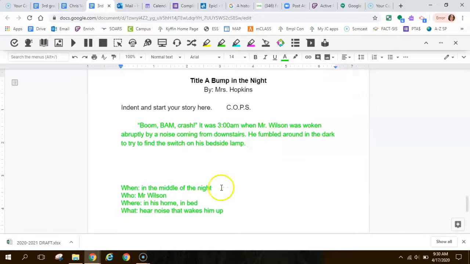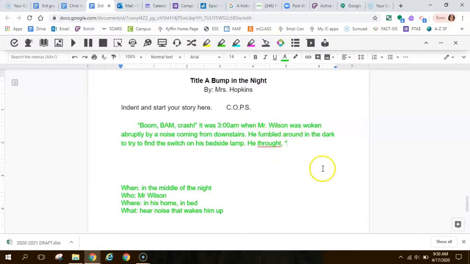So here we go. Next sentence. So now I want to do a thought. If I heard something in the middle of the night, I would want to know what that was, and that's what my brain would be saying to me. So he thought, comma. Now this is where you would want to use your quotation marks.